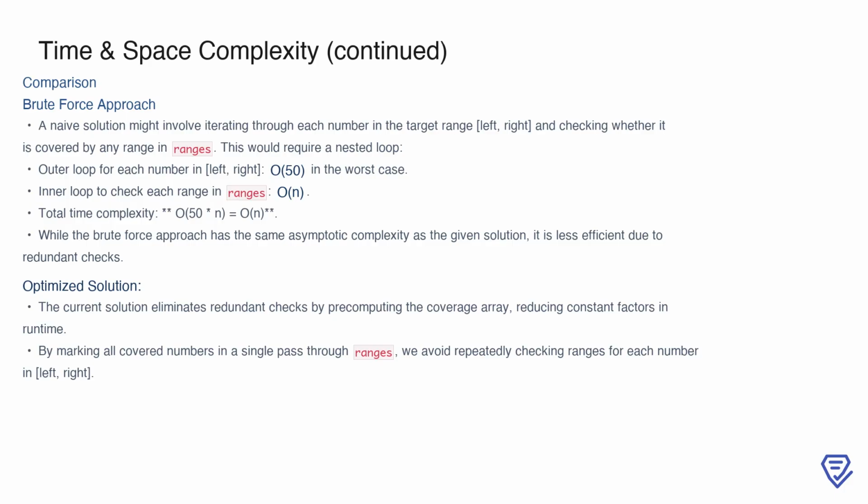While this has the same asymptotic complexity as our optimized solution, the brute force method is less efficient due to redundant checks. The optimized solution avoids these inefficiencies by pre-computing a coverage array, where all covered numbers are marked in a single pass through the ranges. This significantly reduces constant factors in runtime.